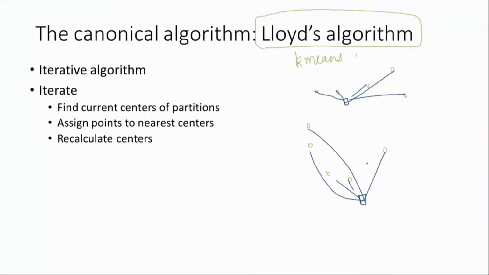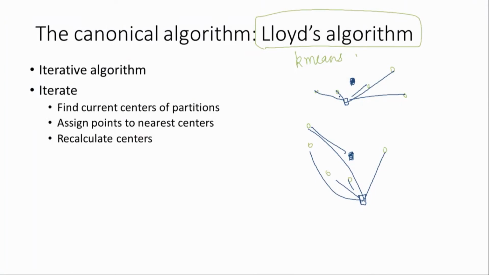These are the points that have come into this cluster. Let us find the mean of these points. Maybe it's this. Let us find the mean of this cluster. Maybe it's this. And these are my next guesses at the center. Then I do the same thing again. I associate everybody with the new set of centers, and then I keep on going.